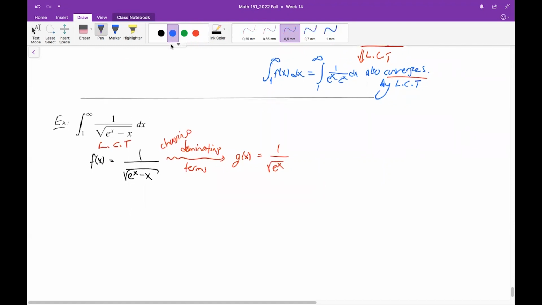Okay, so let's start computing the limit now: f of x over g of x as x goes to infinity. Okay, what is it? The square root of e to the power x over this.